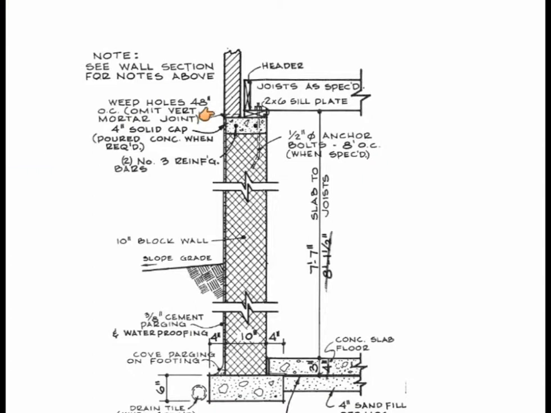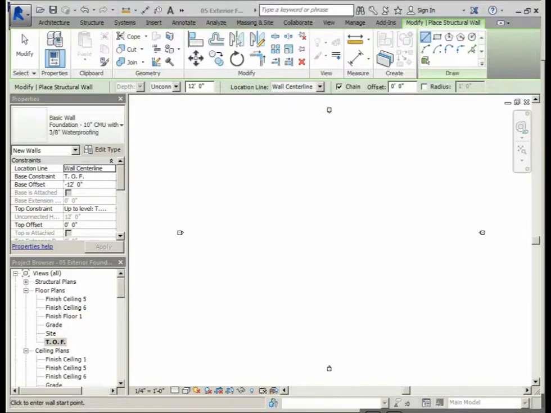The next part of the foundation wall you will need to create will be the 4-inch brick that will sit on top of the 4-inch cap block. To create the 4-inch brick portion of the foundation wall, we will click on our Modify button.